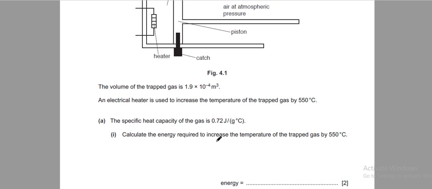Calculate the energy required to increase the temperature by 550 degrees Celsius. Q equals m c delta T, which is 0.23 times 0.72 times 550. The answer would be 91 joule.